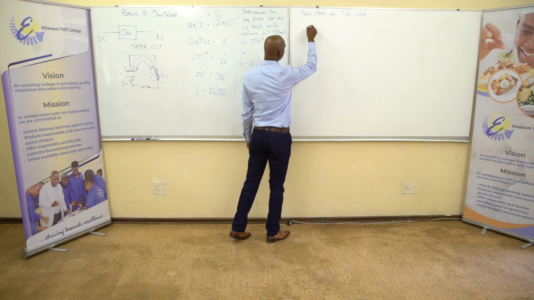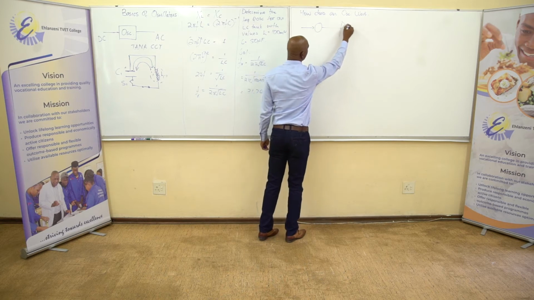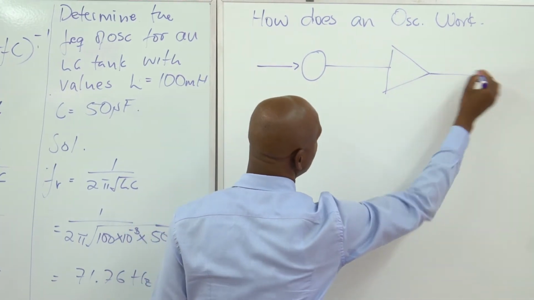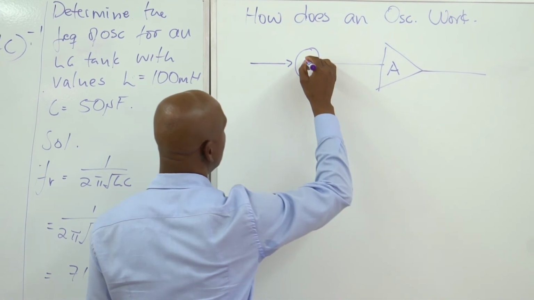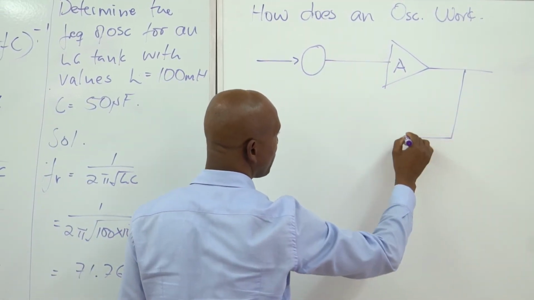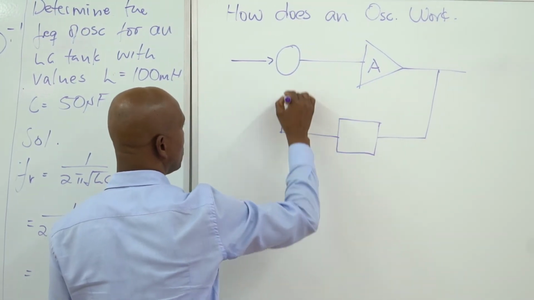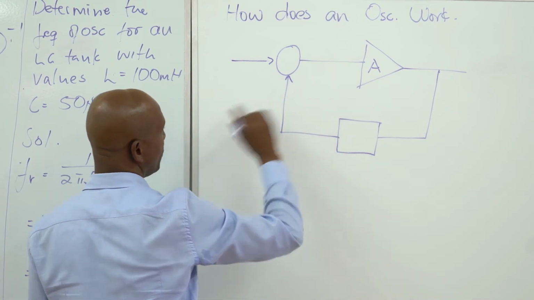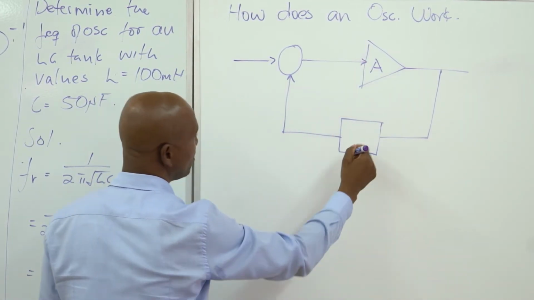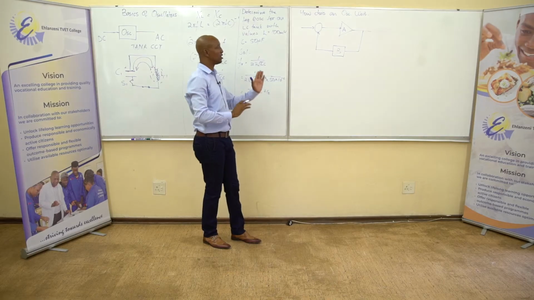In an oscillator, let's say initially we have our input signal, we have an amplifier, and then we have a feedback path. So, now, we are talking of this as a block diagram of an oscillator.